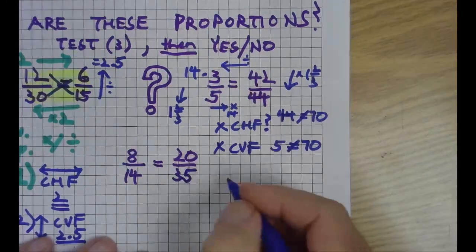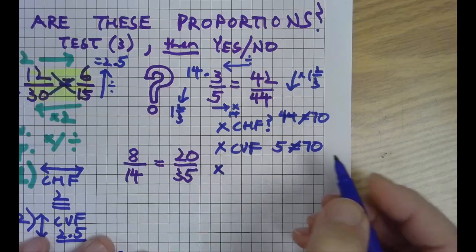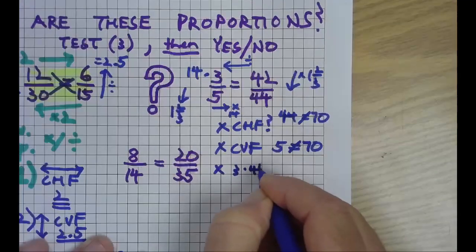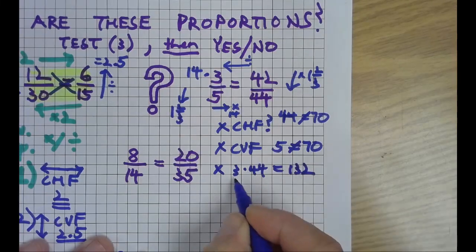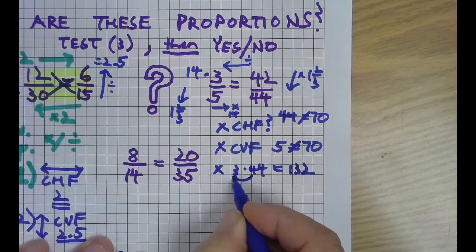Excuse me. Let's go cross products just for fun, because it's all fun. 3 times 44 is 132, because 120 plus 12, distributive property there.